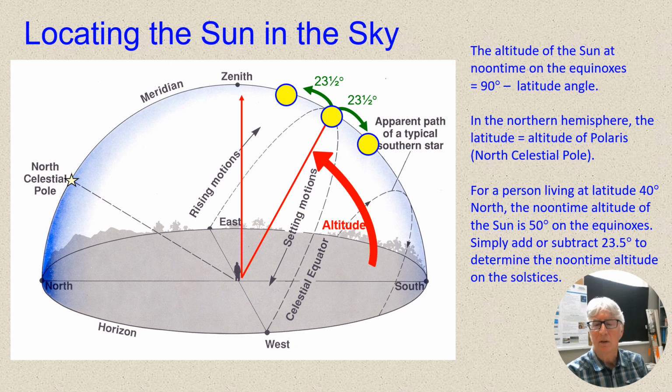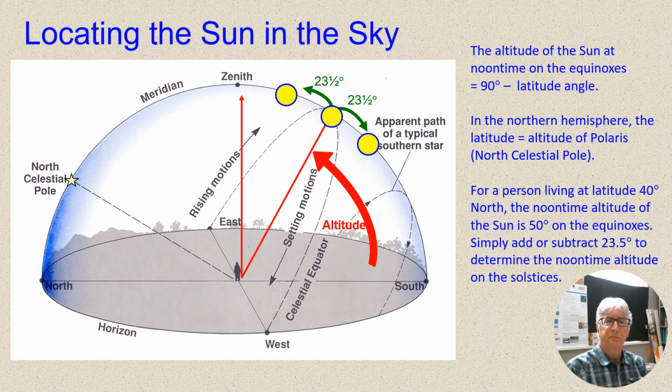The simplest one is to determine the altitude of the noontime sun on the day of the equinox, and that is simply 90 degrees minus your latitude. In the northern hemisphere, it's easy to know your latitude. You measure the altitude of the North Star, the North Celestial Pole, and that equals your latitude.